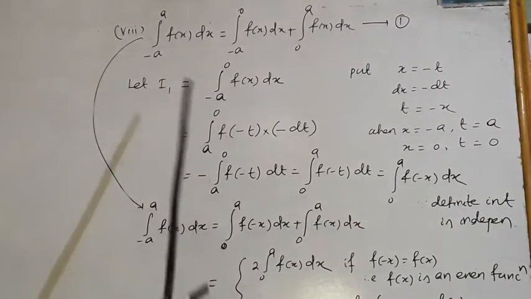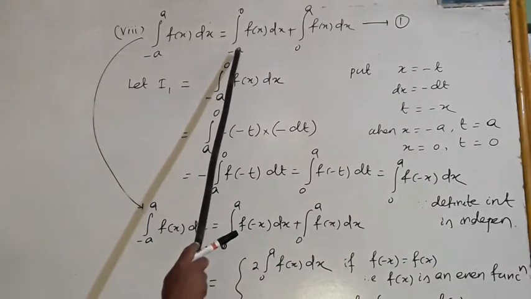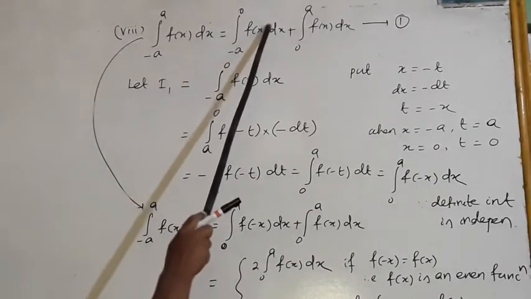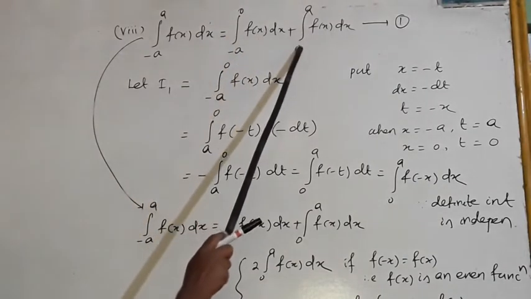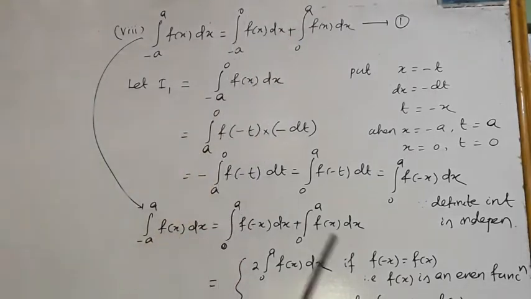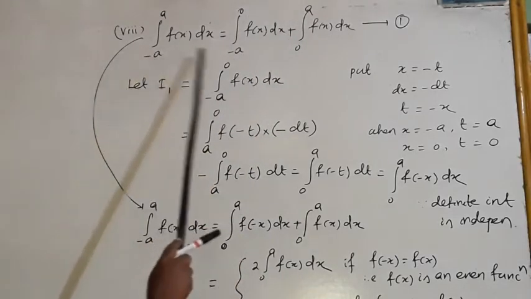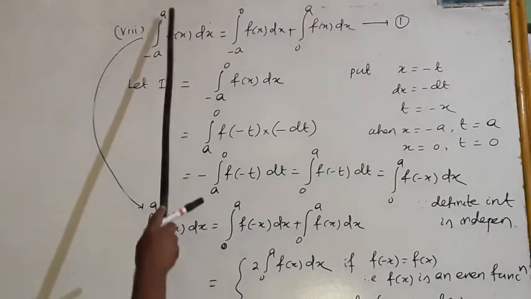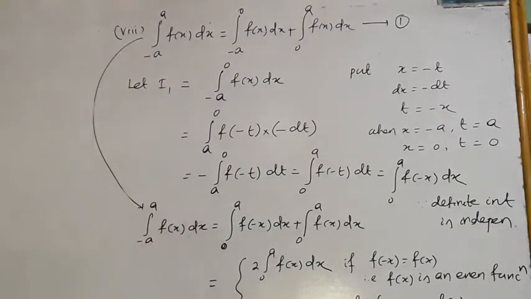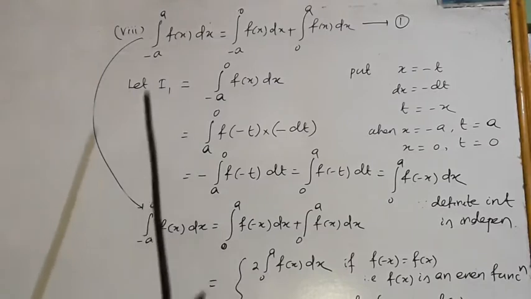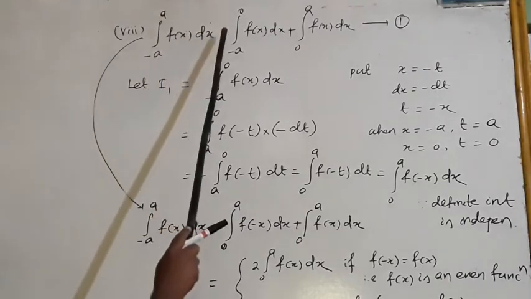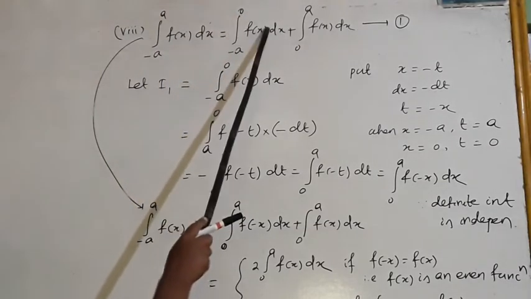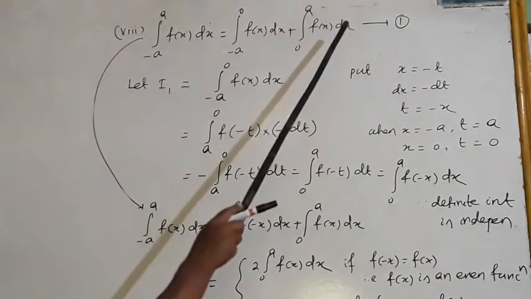Minus a to a f(x) dx. Now I am taking minus a to 0 f(x) dx plus 0 to a f(x) dx. Why am I taking this? Because 0 is a point in between minus a to a. Suppose minus 5 to 5, or minus 7 to 7, zero is inside it. The property I taught earlier: a to b f(x) dx is equal to a to c f(x) dx plus c to b f(x) dx.